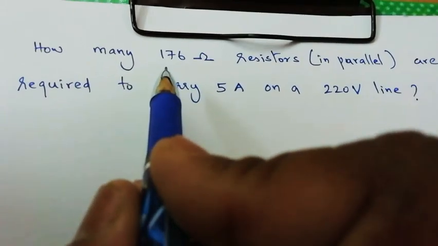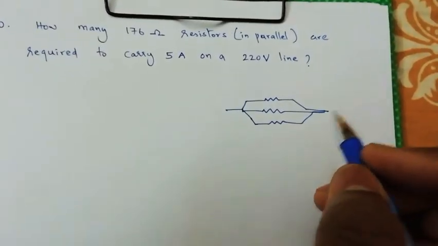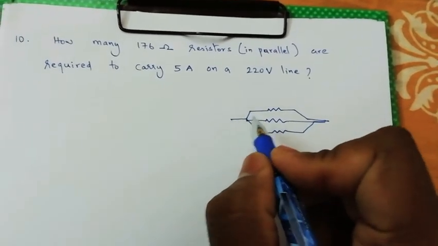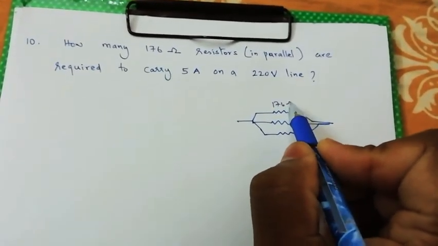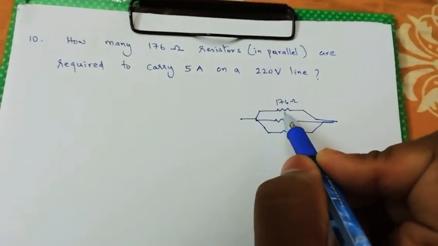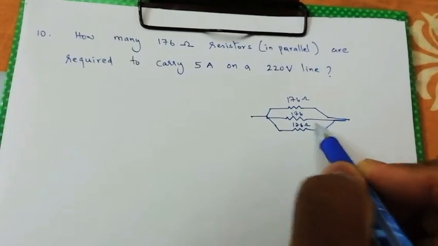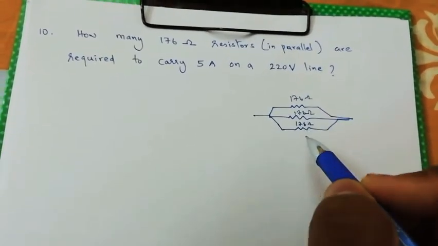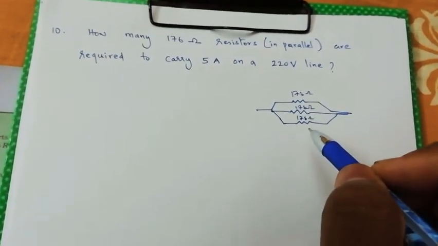They are asking, for example, I can draw it like this. For example, each resistor is 176 ohm. Just for an example, we haven't found how many resistors we need. It should be connected like this, right?